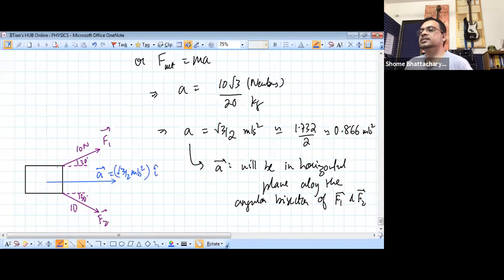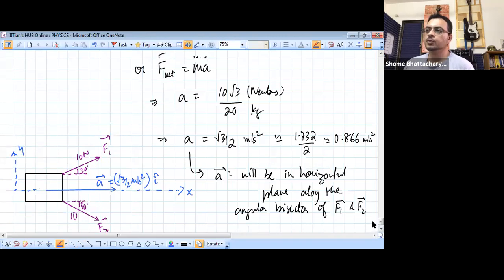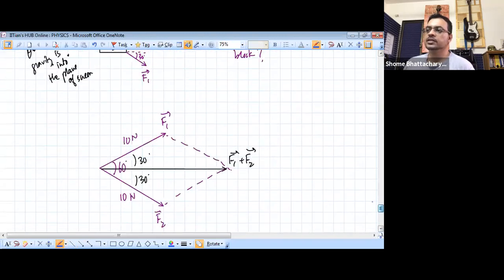You take this as your x-axis. That also you can find by triangle law, or you know the rhombus property. What is the property of a rhombus? That the diagonal bisects the angle. You can see that the vector parallelogram is a rhombus.